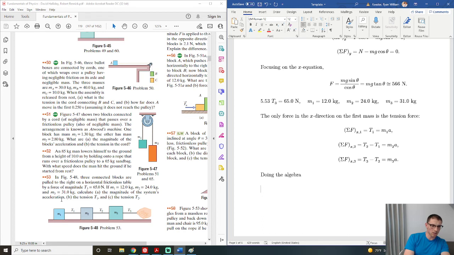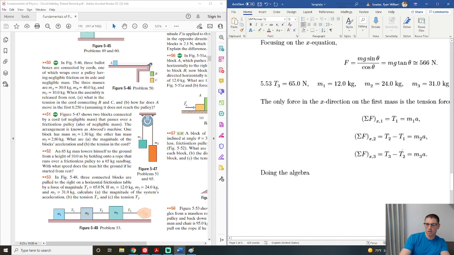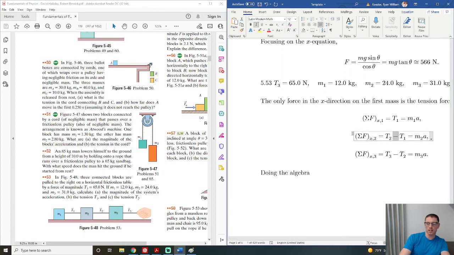So wait, in the second equation, is that an equal in front of T2? I don't know if it helps if I zoom in, this is a minus sign, but this is an equal sign. Yeah, so equal sign, equal sign.